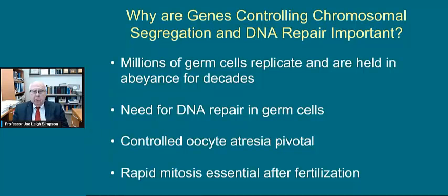Why are these genes, those controlling chromosomal segregation and DNA repair, so necessary in ovarian development and assurance that this is appropriate? Well, there are millions of germ cells that have replicated, as we've mentioned several times. They're held in limbo for many decades while they're waiting to be used later in life.